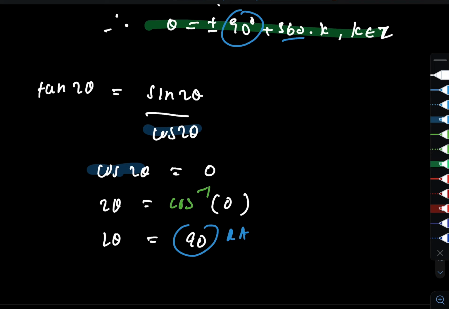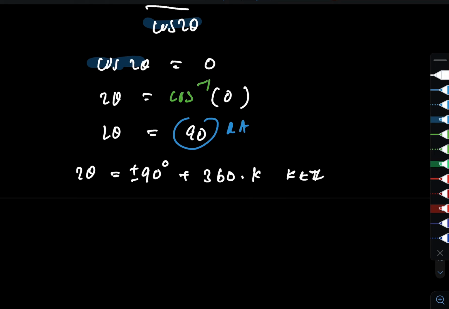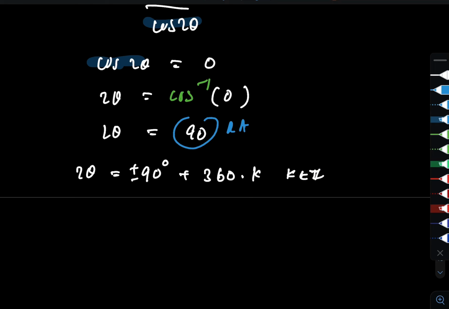So this tangent 2θ will be undefined for, let's say, 2θ equals 90 degrees, but it's going to be plus or minus 90 degrees plus 180 degrees. Again, that's my period, times k, where k is an element of integers. Make sure to specifically indicate that and put that in place. Now in this case, I'm going to divide both sides by 2.